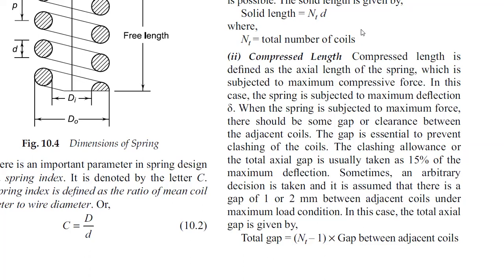So what will happen in this case? The axial gap is denoted by this equation: Nt minus 1, which means the number of coils minus 1, multiplied by the gap between adjacent coils.